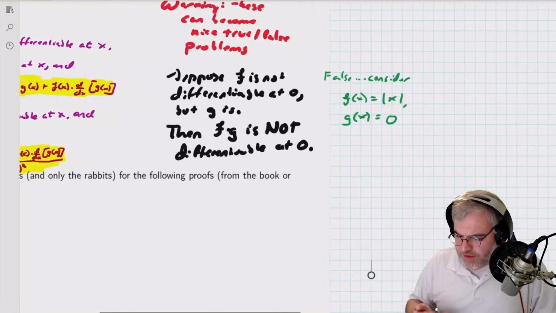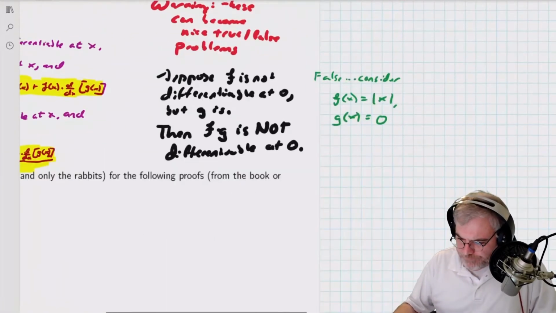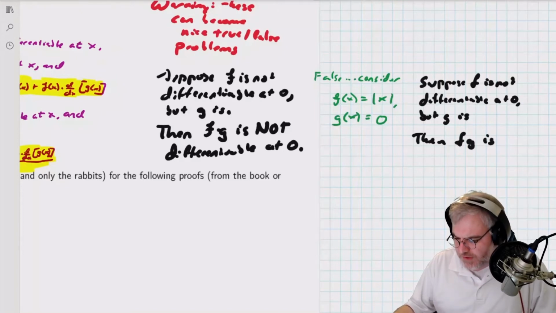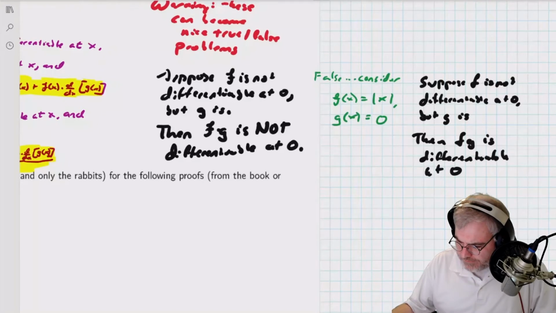Now, let's do another one. Suppose f is not differentiable at 0, but g is. Then fg is differentiable at 0. And this is also false.